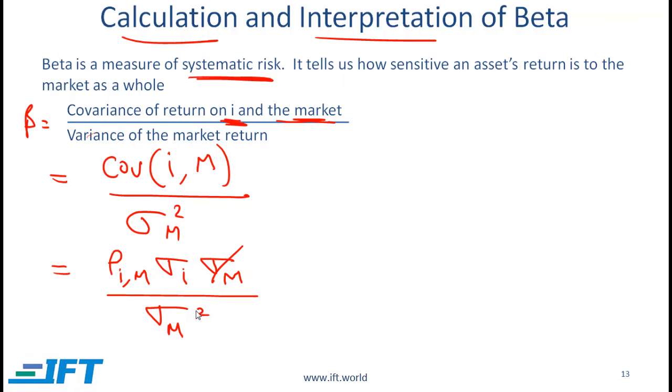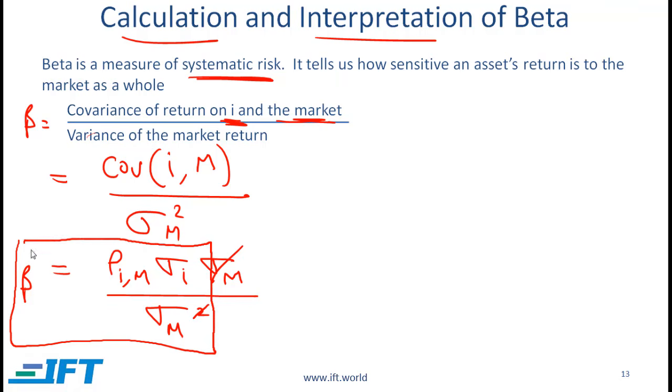This and this cancel out. So beta is equal to the correlation times the standard deviation of returns of the stock divided by the standard deviation of market returns. This expression you need to remember. In case you have trouble remembering this expression, you must remember this interpretation of beta and then derive the relationship.